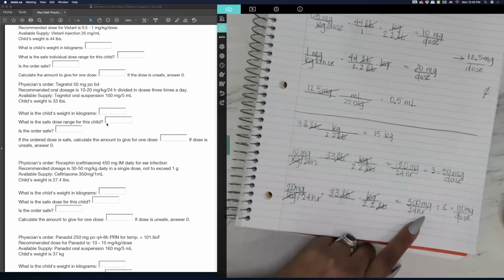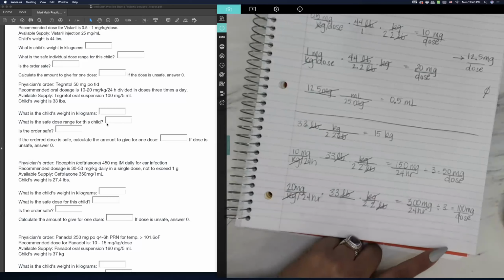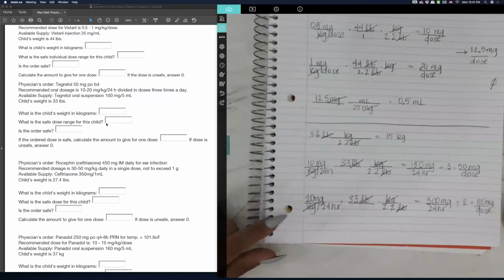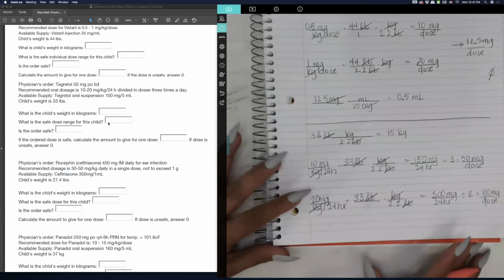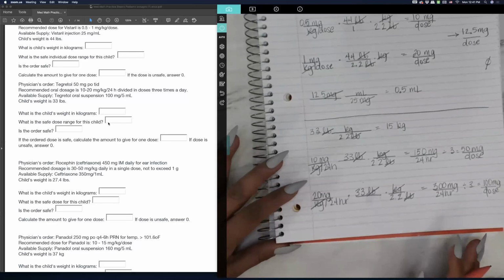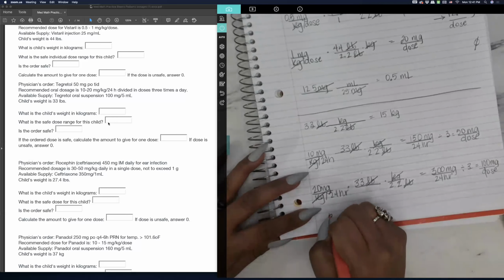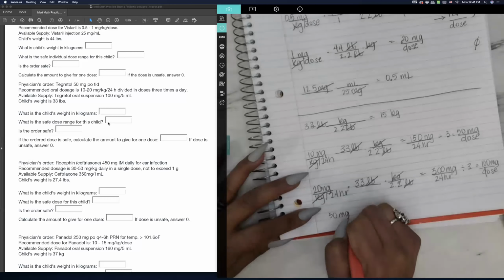So is the order safe? The doctor's original order is 50 milligrams PO TID. So again, TID means 3 times a day. So the 50 milligrams would be within the safe range. So we go ahead and calculate how much medication we would administer to our patient. So the order is 50 milligrams.